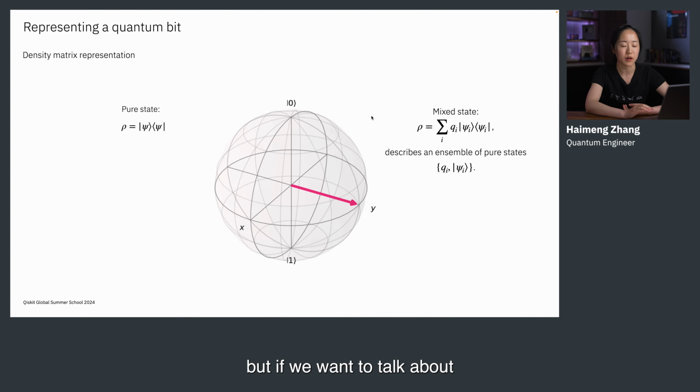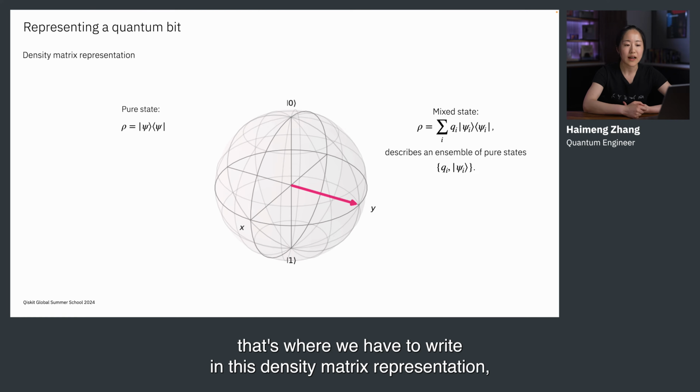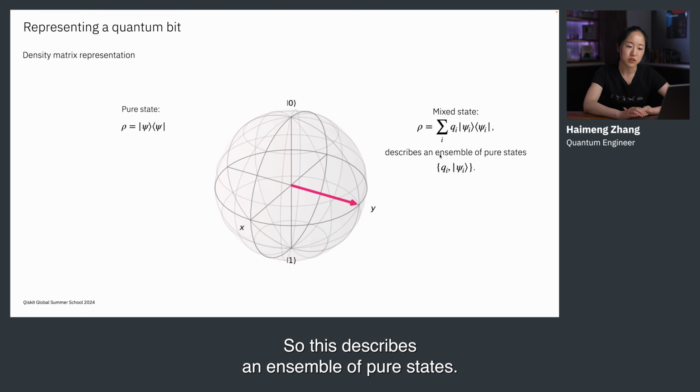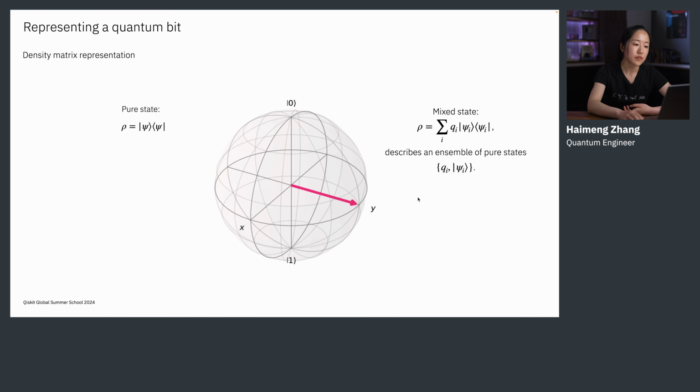But if we want to talk about a classical mixture of pure states, that's where we have to write in this density matrix representation, where it is simply a sum of all possible pure states in this outer product form, and then weighted by this probability in the front. So this describes an ensemble of pure states.